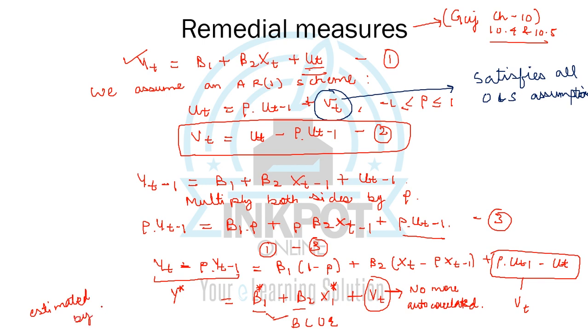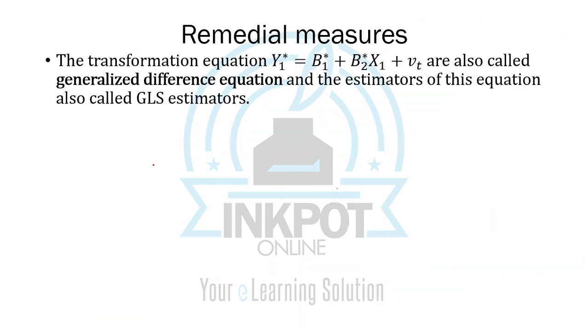The transformation equation y star equals beta 1 star plus beta 2 star x star plus vt is also called the generalized difference equation, and the estimators of this equation are also called the GLS estimators.